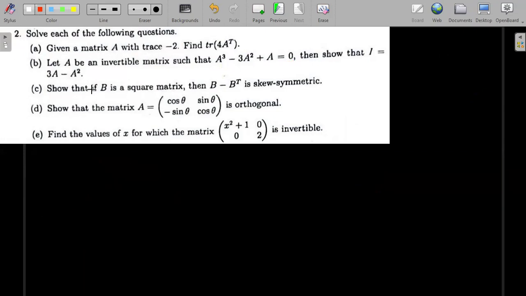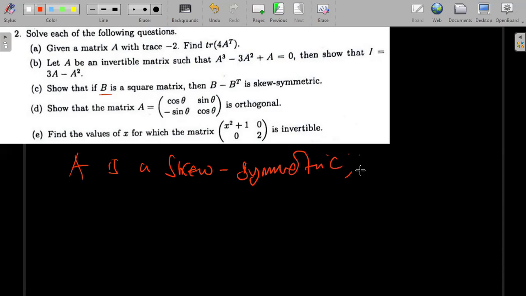So C, they're saying show that if B is a square matrix, then B minus B transpose is a skew symmetric matrix. So what are we going to do there? Let me just use another term. We know that if A is a skew symmetric matrix, then A transpose will be equal to minus A. That's what the definition says.